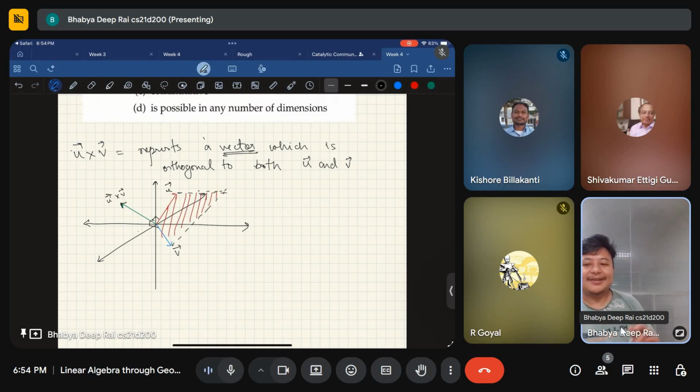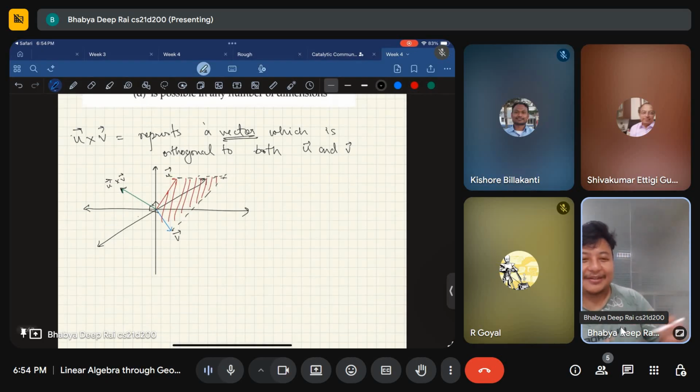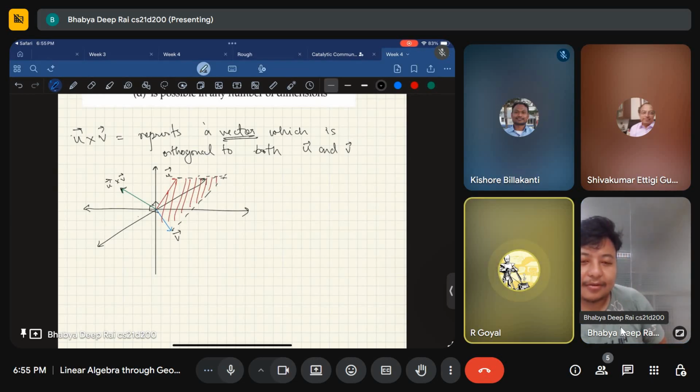The best example I can give you of a cross product: it's been a long time since I've done physics, but in high school physics you had this electromagnetic equation, no? I remember that used to be to compute the flux, and we used to use our hands, two fingers and one thumb.